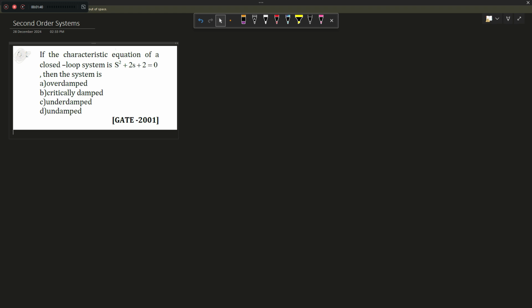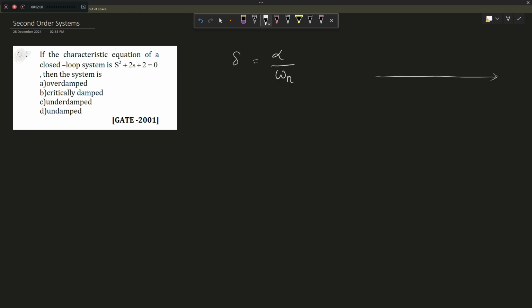If the characteristic equation of a closed loop system is s square plus 2s plus 2 equal to 0, then the system is dash. Is it overdamped, critically damped, underdamped or undamped? We need to find out the damping ratio in order to answer this question. The damping ratio is just the ratio of the actual damping alpha divided by the natural frequency.